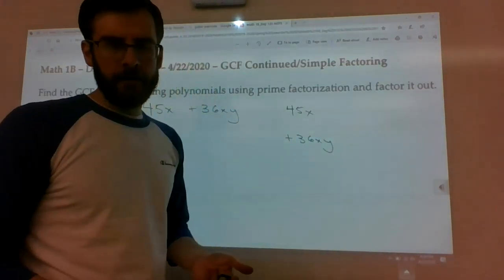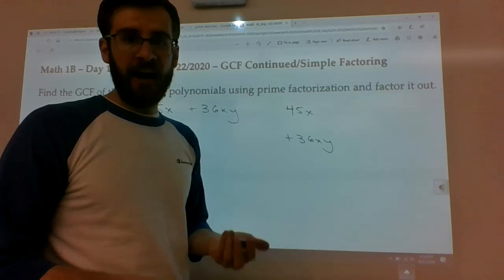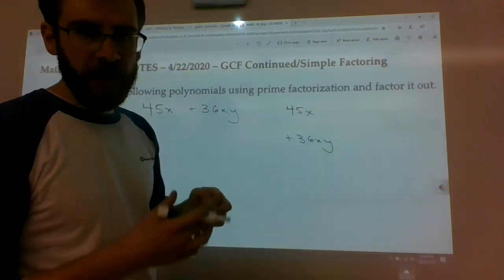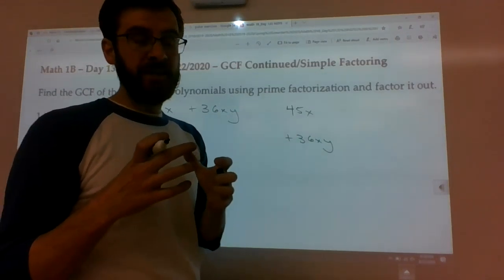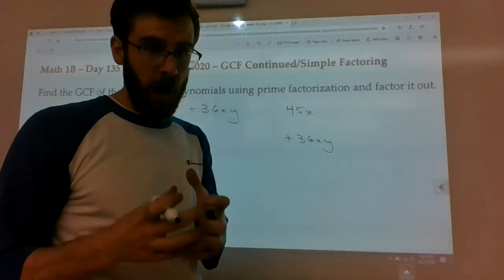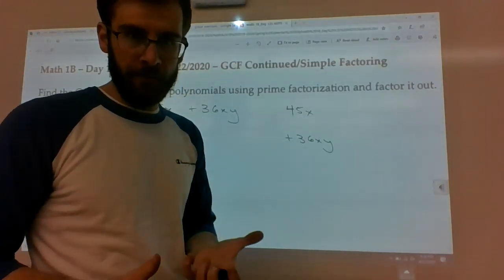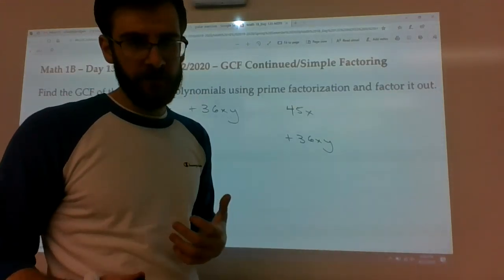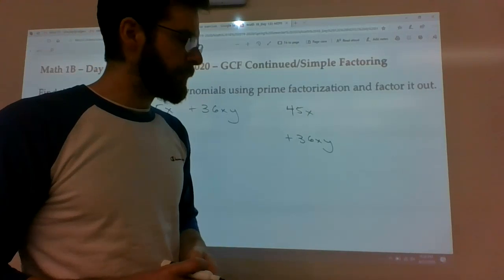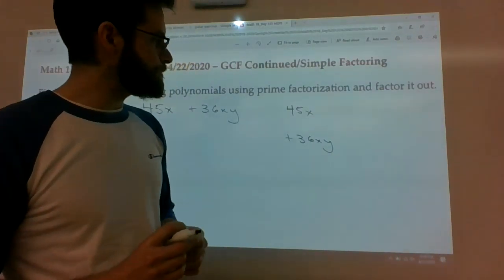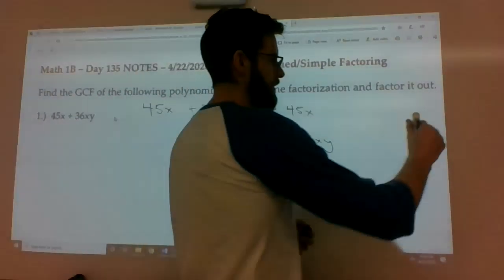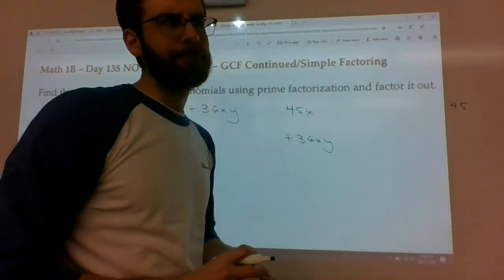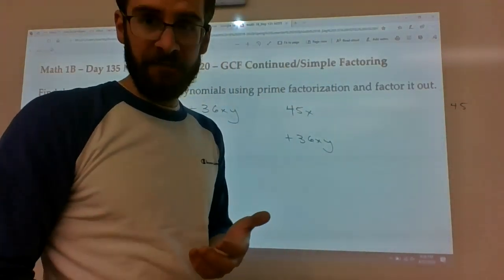So if you think back, prime factorization involved the factor tree, which means taking something like 45 and breaking it down to its smallest components, its prime factors. So if you know prime numbers, they're numbers that only divide 1 and itself. So even numbers aren't prime. Let's break it down. 45 can't divide 2. But it can divide 3.